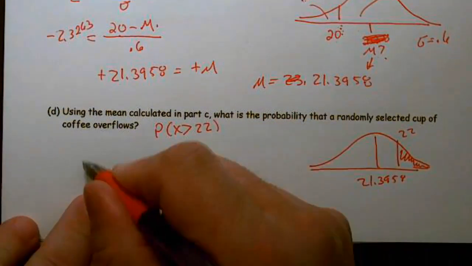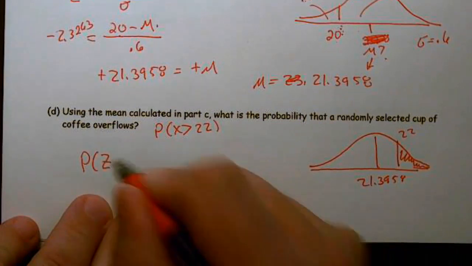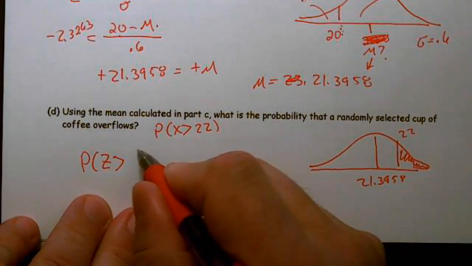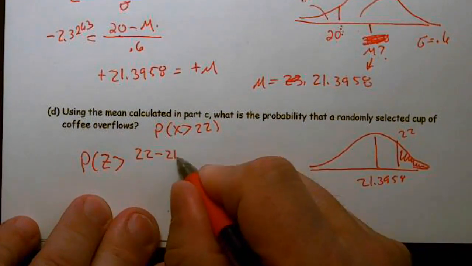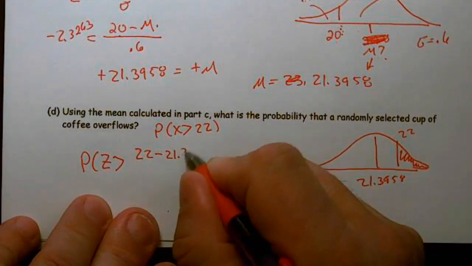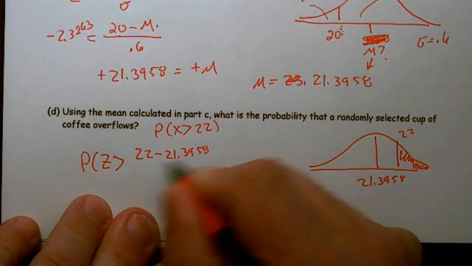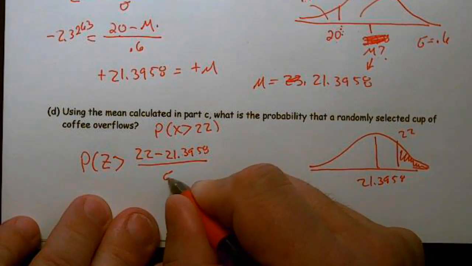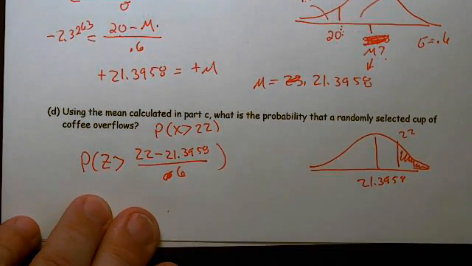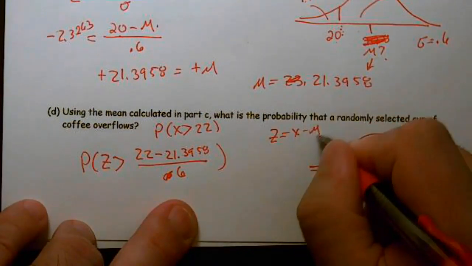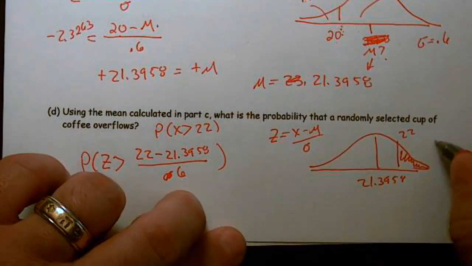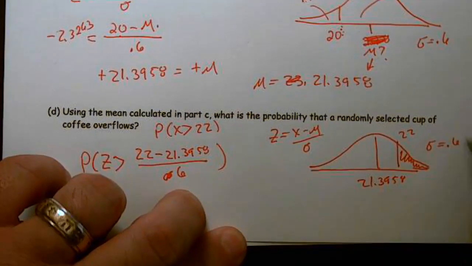Well, that's the probability that Z is greater than 22 minus our mean, 21.3958, over our standard deviation of 0.6. All I did was plug into Z equals X minus mu over sigma, and they gave us our standard deviation earlier as 0.6.